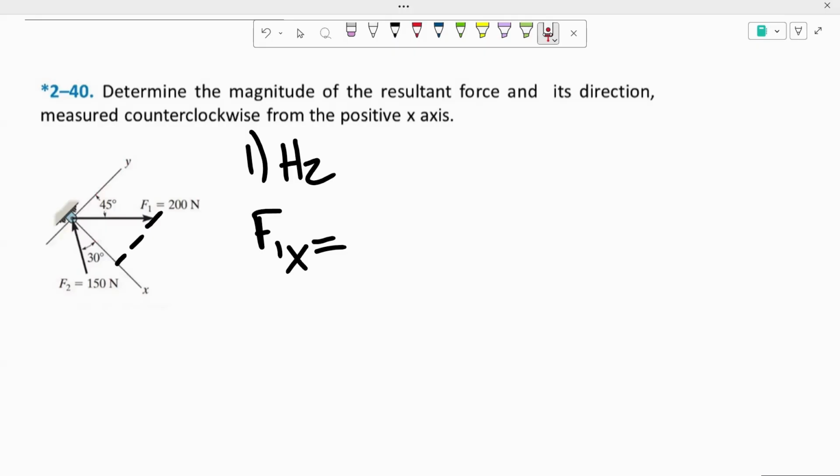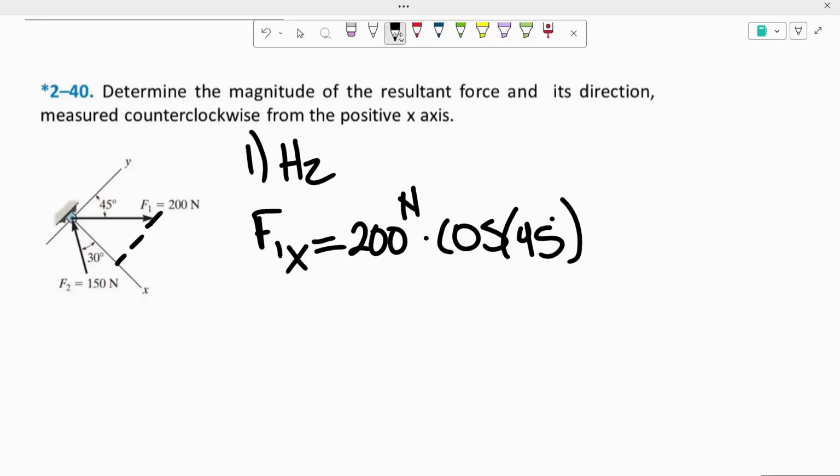So this is the triangle that we're looking at. We know that the hypotenuse side of it is 200 newtons, and we are trying to find the horizontal component, which is along the x-axis. So we're trying to find the adjacent side, and we are given the hypotenuse. So we could do 200 newtons times cosine of 45, since cosine is adjacent over hypotenuse.